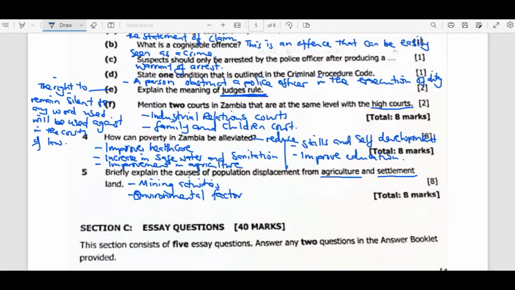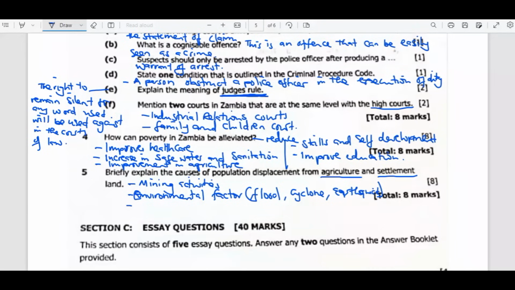The examples that we can give are natural disasters like floods and cyclones, and also earthquakes, which may make people move from agricultural areas and settlement areas.